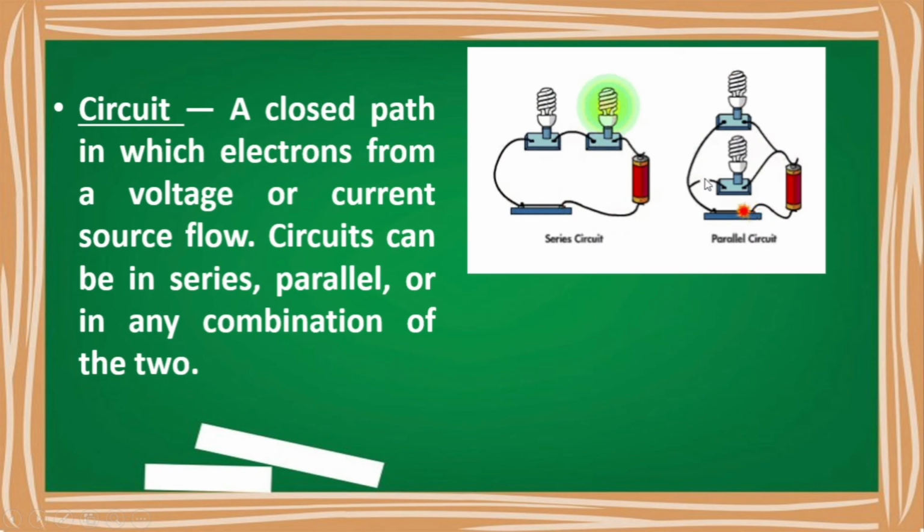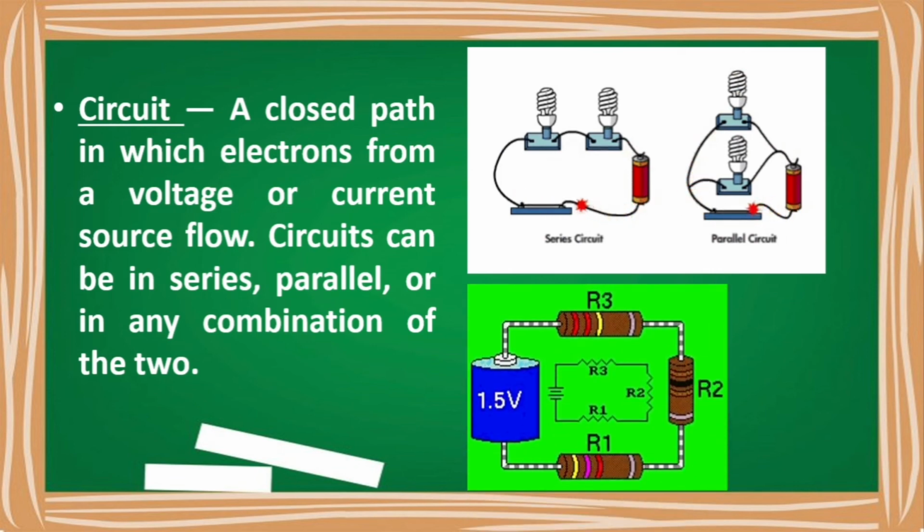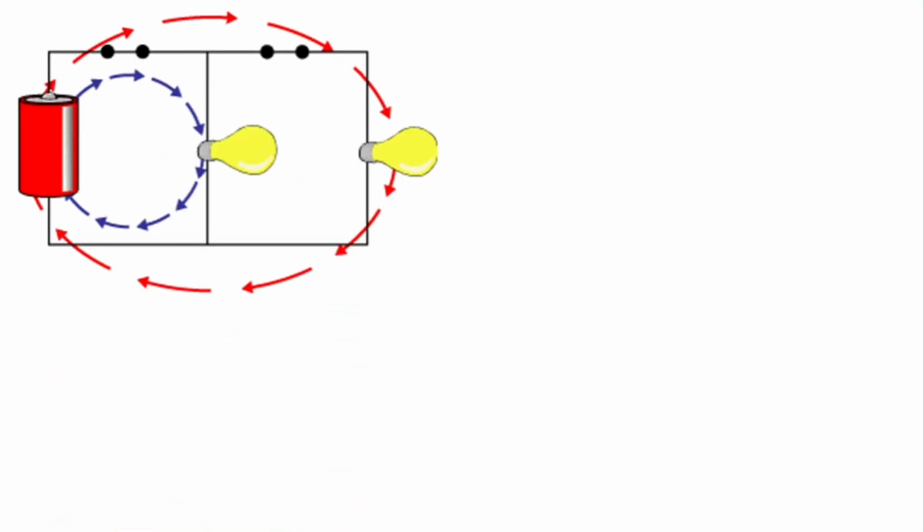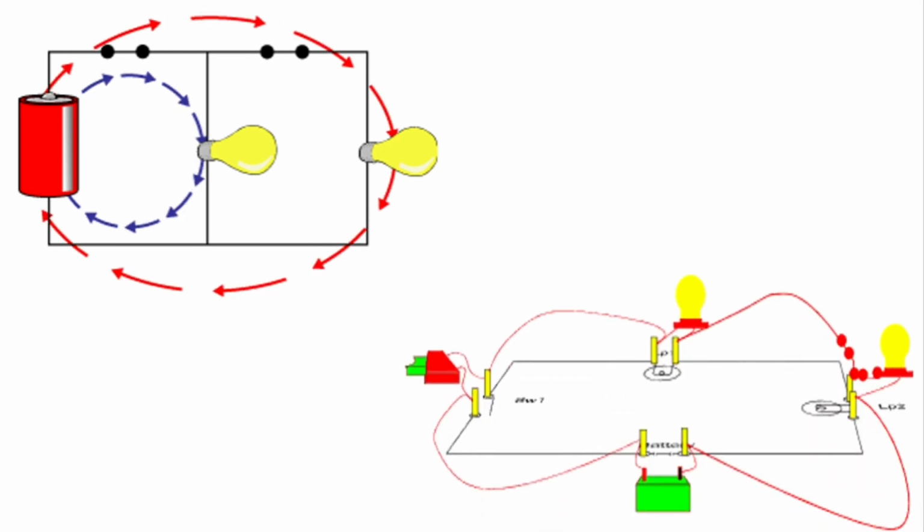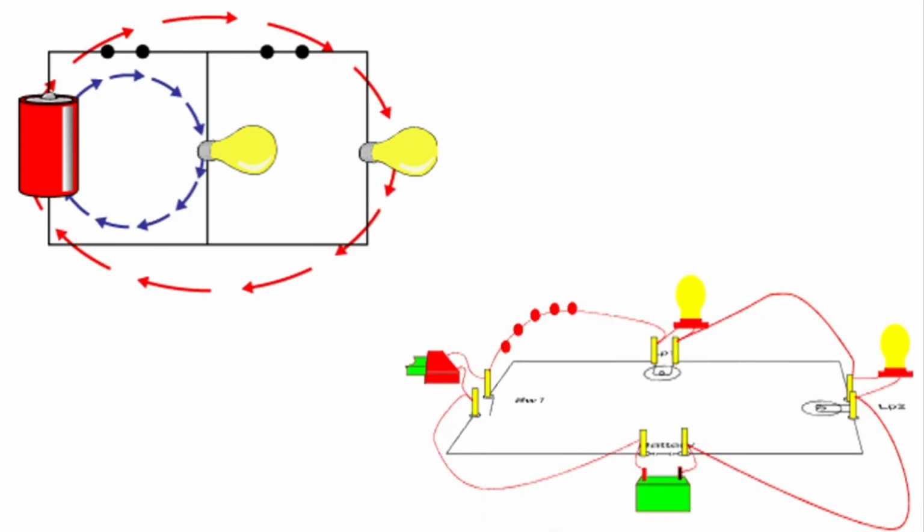Here you find an open, but the circuit is still getting completed via this. So this is the advantage of a parallel circuit. In our day-to-day life, we see the connections are always kept in parallel. This is another example of a circuit. Here you find a parallel circuit, whereas here you find a series circuit.